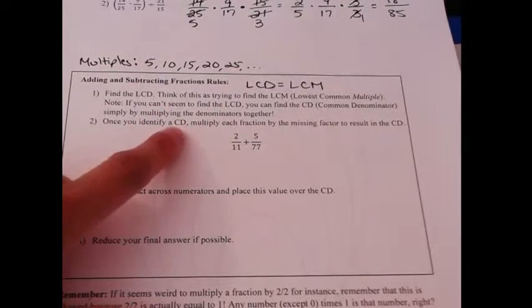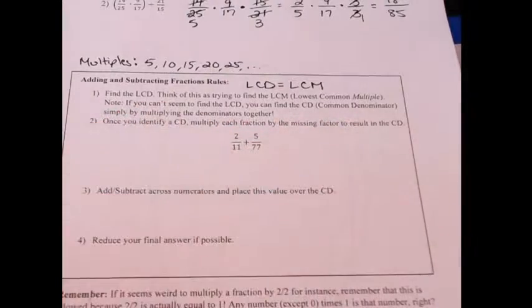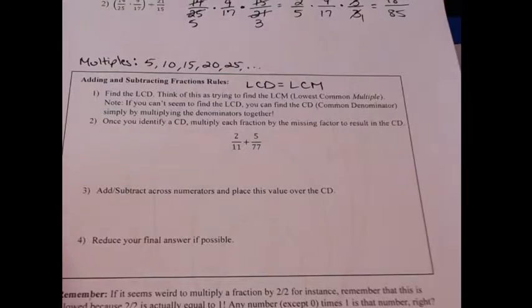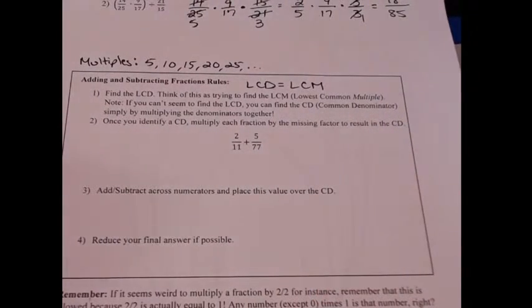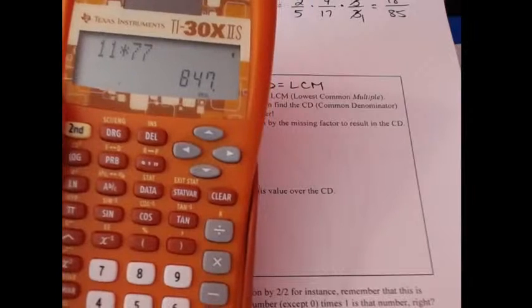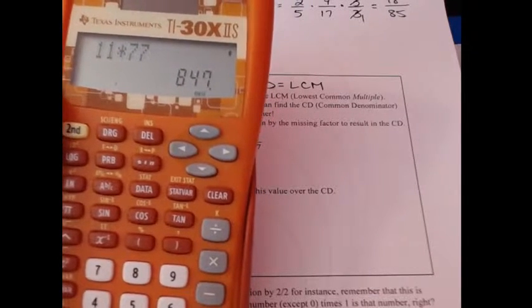Once you identify a common denominator, you're going to multiply each fraction by the missing factor to result in that common denominator. So let's take a look at this first one. We could say that with 11 and 77, we're unsure as to what the denominator is, so we multiply them together and we say 847 is common to both. True. I totally agree.